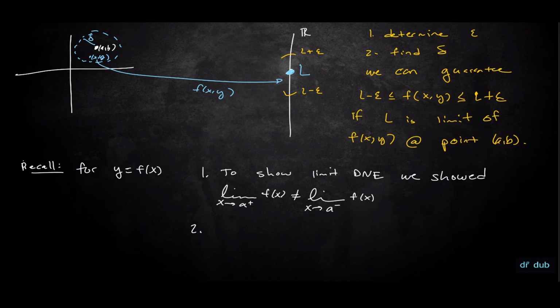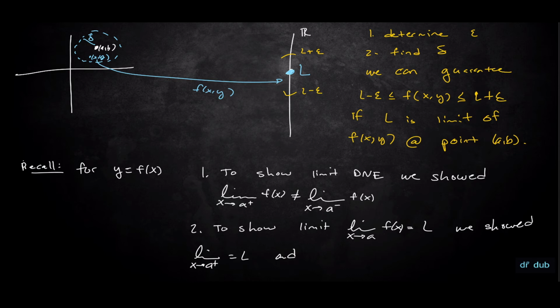Number two, to show the limit as x goes to a of f of x equals L, we showed that the limit as x goes to a from the right equals L, and the limit as x goes to a from the left equals L.